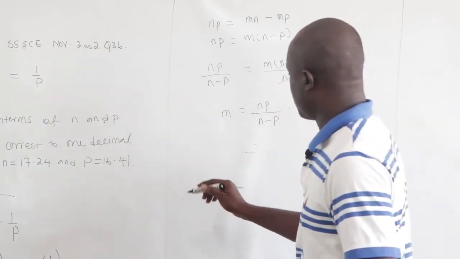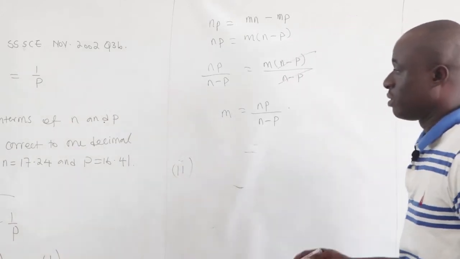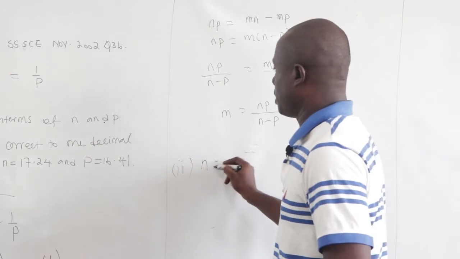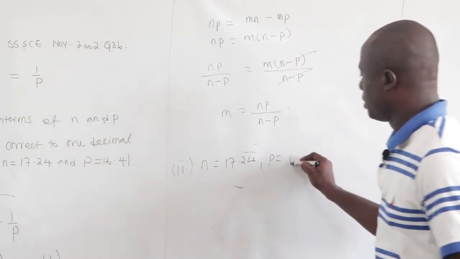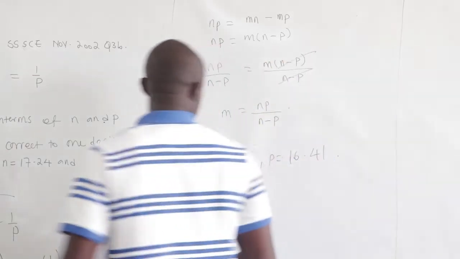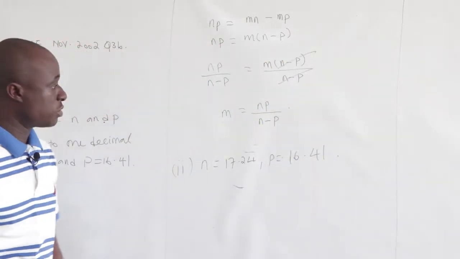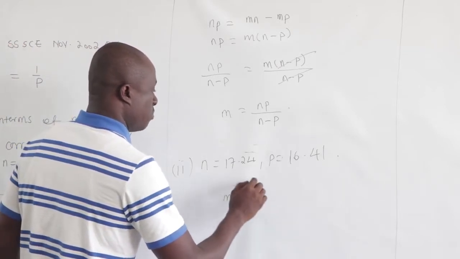That's the first one. Now the second one is saying that we should calculate m correct to one decimal place, when n is 17.24 and p is 16.41. What are we supposed to do? We are supposed to substitute to get the value of m. So m is equal to np over n minus p.